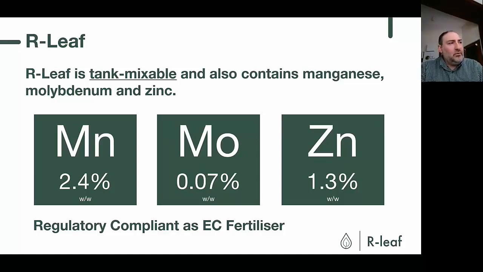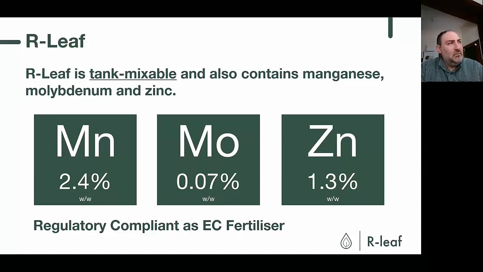So what we have done to classify the formulation as an EC fertilizer is to add manganese, molybdenum, and zinc. These are elements that are typically used in cereals. We do have other formulations with different loadings, different minerals for different crops basically, but this is the formulation we use for cereals.